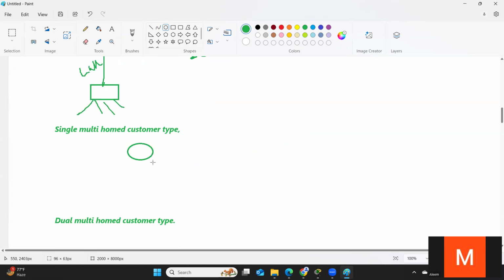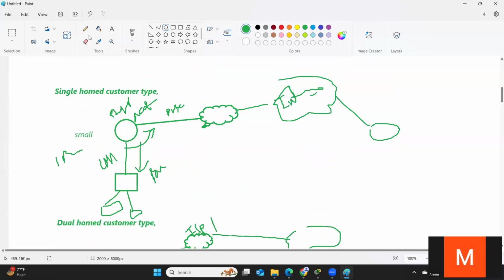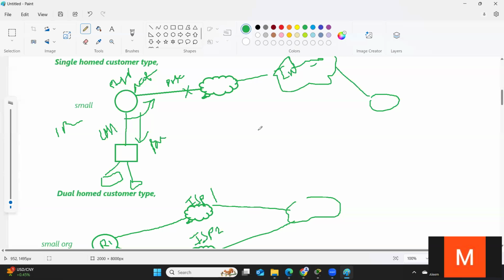Here we need redundancy. The problem is that if this ISP goes down, we don't have a redundant ISP, and they cannot reach the internet. They cannot communicate with the cloud or anywhere, because they are using only one ISP.